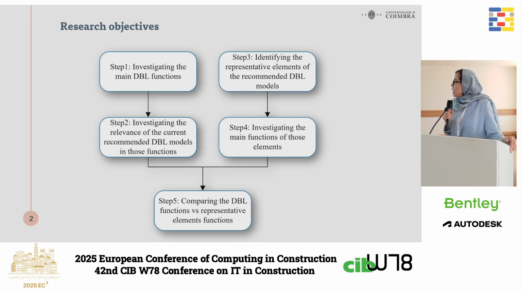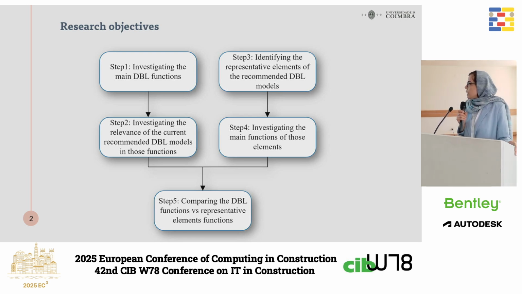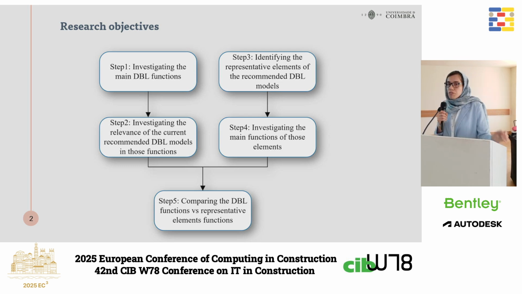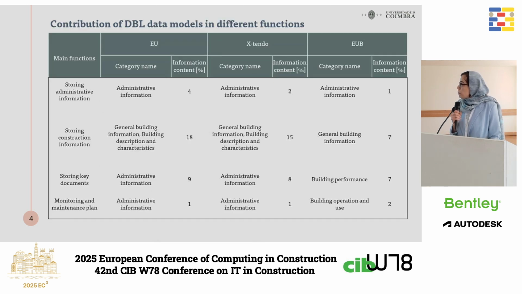And then we wanted to see what the main representative elements of the DBL models are, in terms of the number of repetitions by different DBL models. And then we investigated the main functionalities of those representative elements. Then we compared the DBL functions with the main functions of those representative elements.